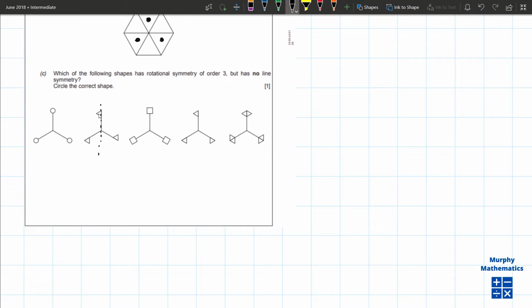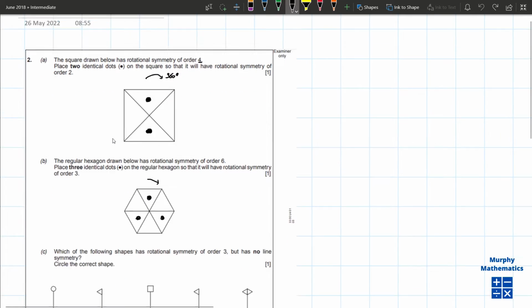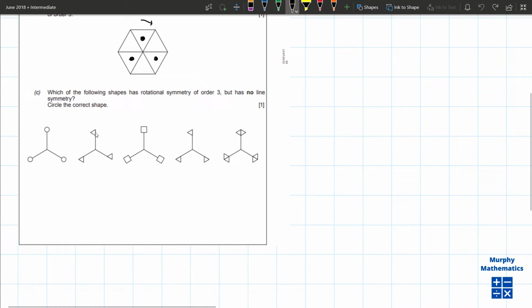That's because if I think of it as line of symmetry, my shape is not completely mirrored, because otherwise I'd have a triangle here that would look like this, not the other way. So I know I don't have line of symmetry. And for order of symmetry, when I rotate this 360 degrees, I make the same shape 3 times. So this is my answer.